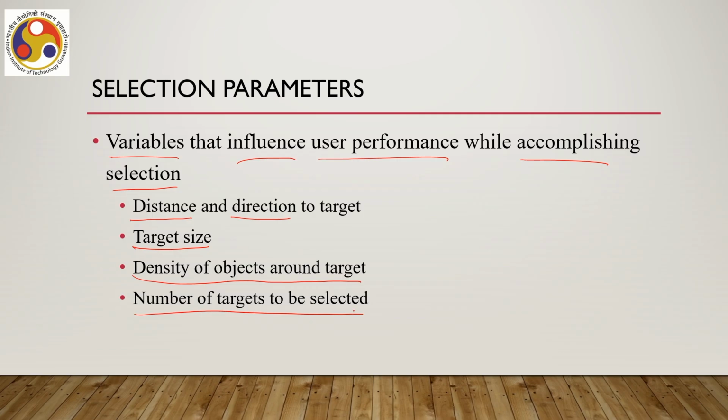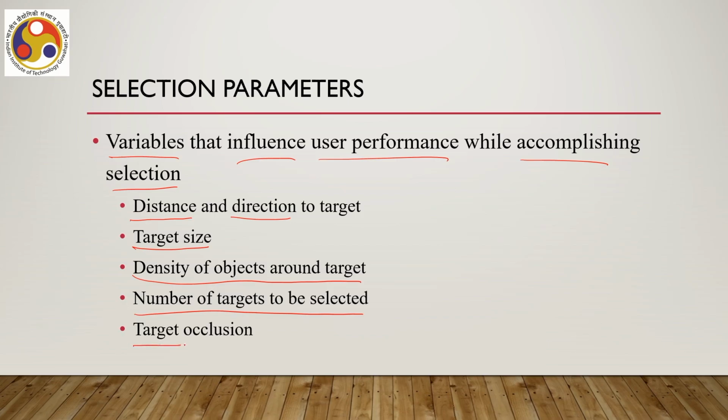Number of targets to be selected, number of objects here to be selected, and so on. So, these are some of the most important parameters that determine what kind of selection techniques to be used in a given context, so that the performance is maximized.